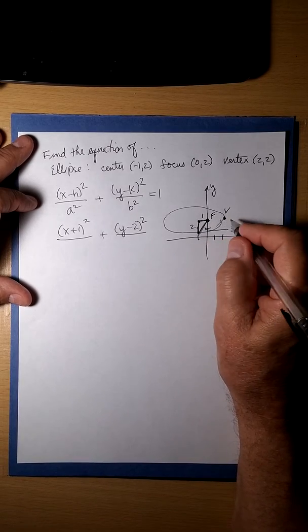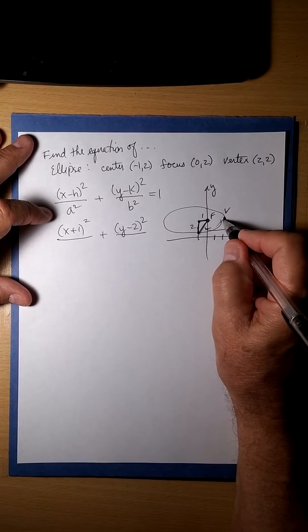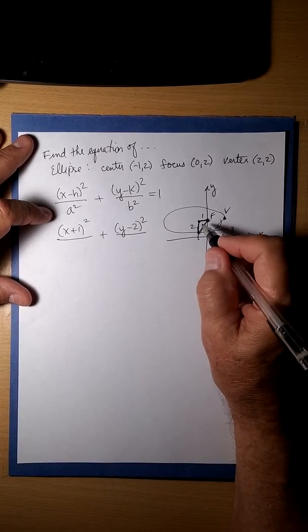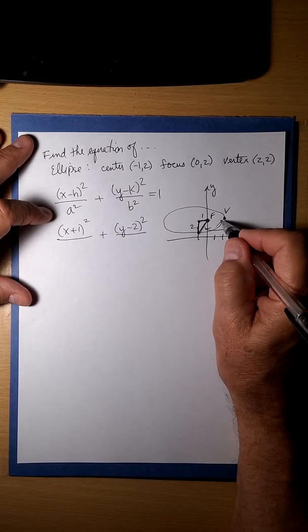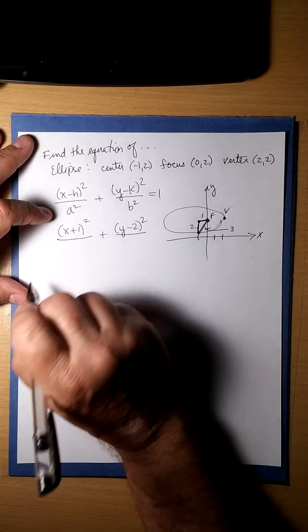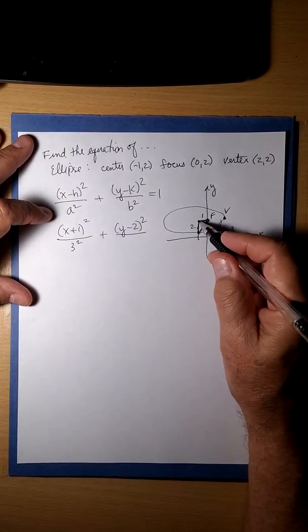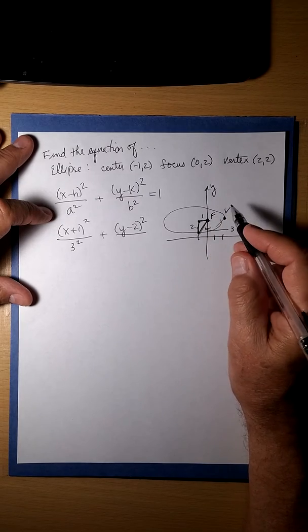So, we know all the numbers we need because we go from here to a vertex, from negative 1 up until we get to 2. That should be 3 for a squared. B should be the 2.